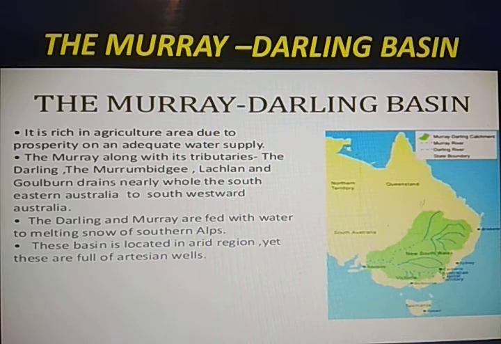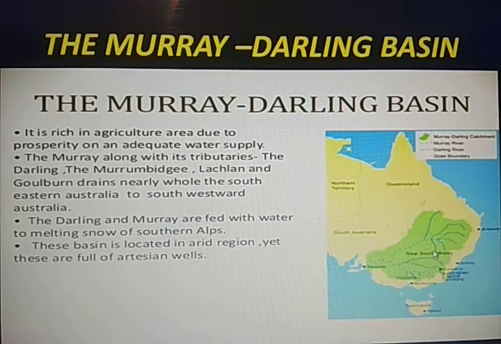This is the part of the Murray-Darling Basin, and you will find that it is rich in agriculture due to adequate water supply, right? It has tributaries: the Darling, the Murrumbidgee, which is another tributary, and the Lachlan, which is the tributary present over here.